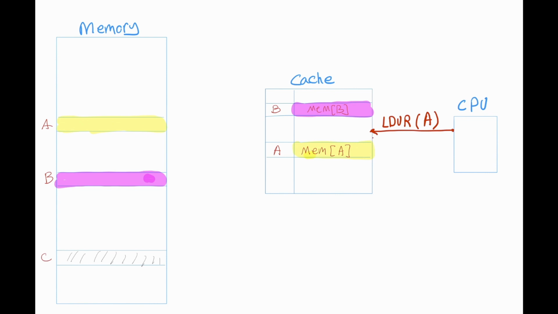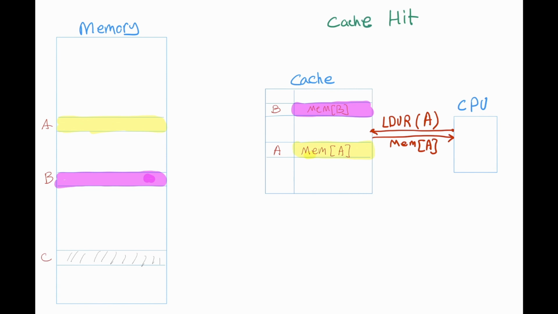If it's present, you just send back that data to the CPU and you never actually go to the memory. We never make this trip to the memory. We just go to the cache and back. When this happens, it's great. We like this scenario. This scenario is called a cache hit.